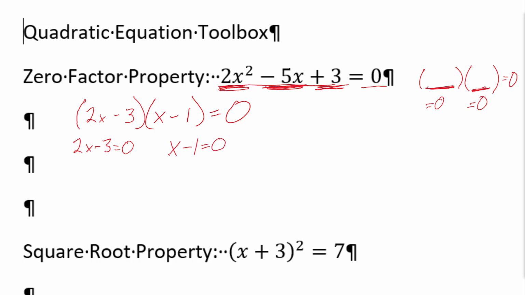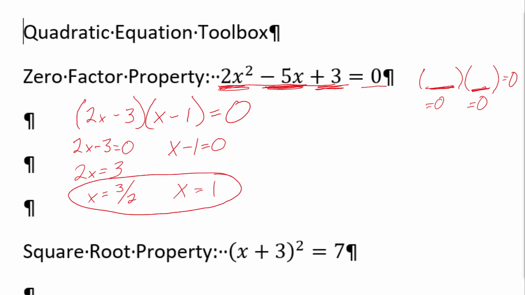Now I have two equations that I can solve, and 2x minus 3 equals 0 would mean 2x equals 3, x equals 3 halves. X minus 1 equals 0, add 1 to both sides, we get x equals 1. So we've got two solutions to this equation, which we solved using the zero factor property.